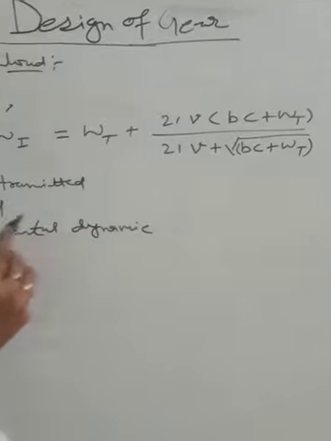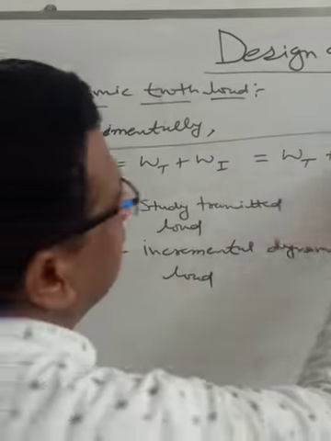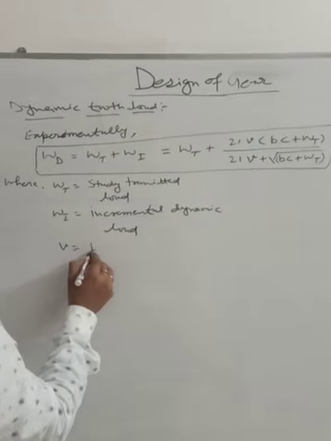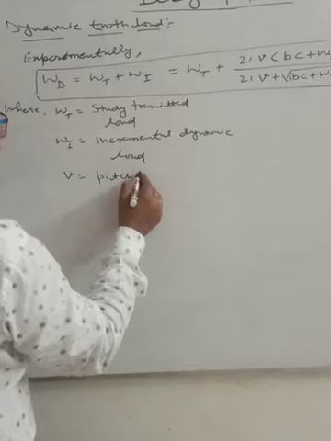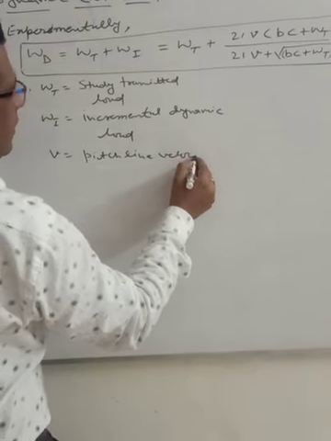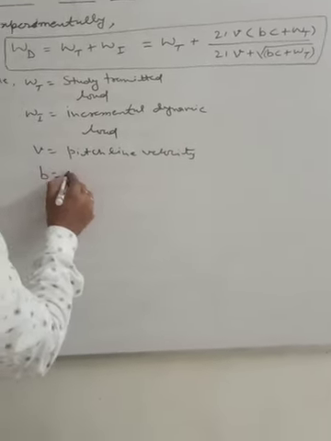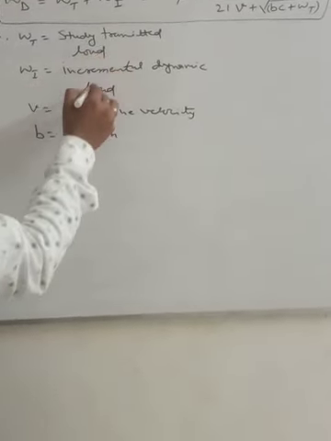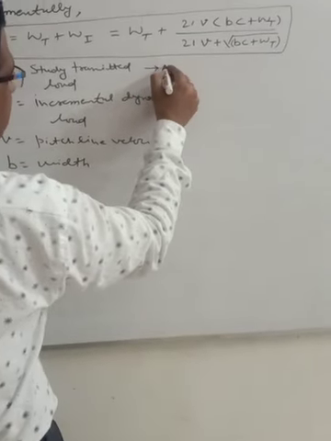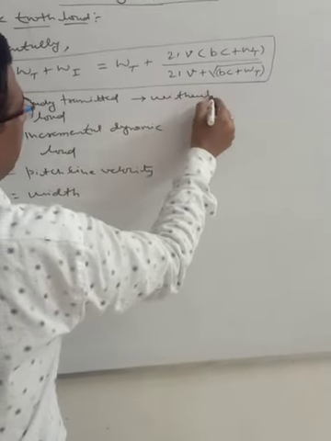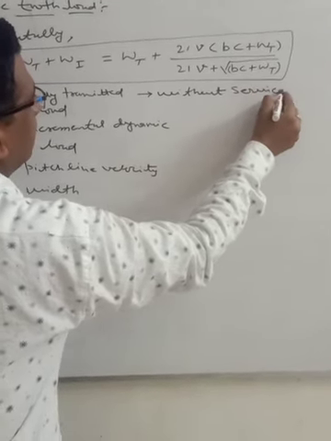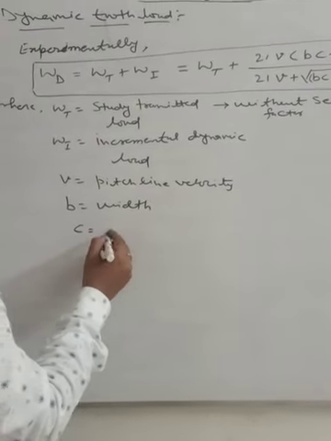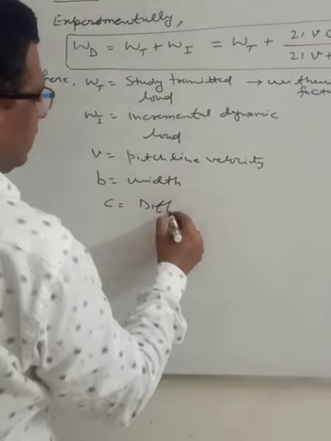By the help of this equation, we can calculate the dynamic tooth load. In this, V is your pitch line velocity, B is your width, Wt is your steady transmitted load, and this steady transmitted load is without the service factor, and C is your deformation factor.